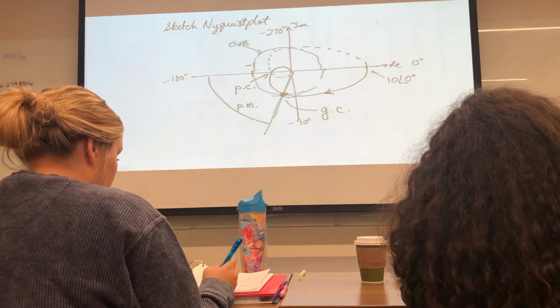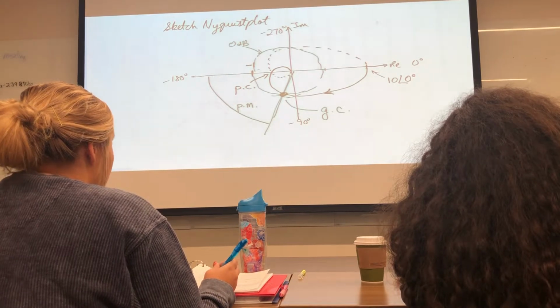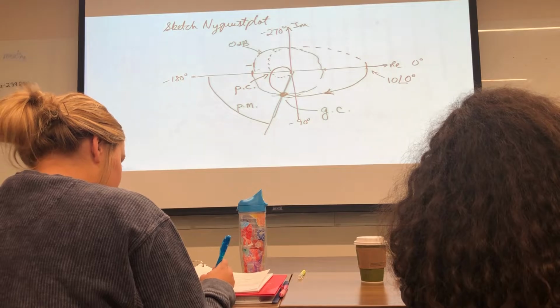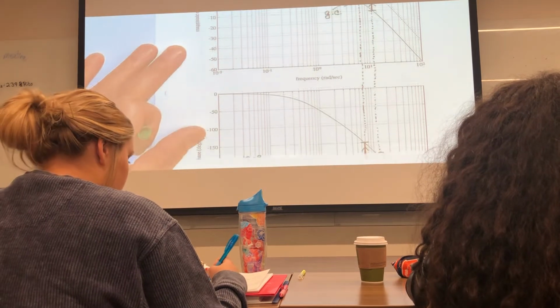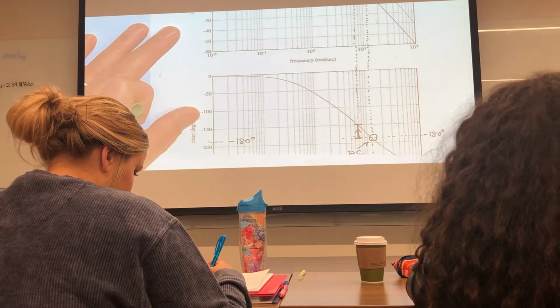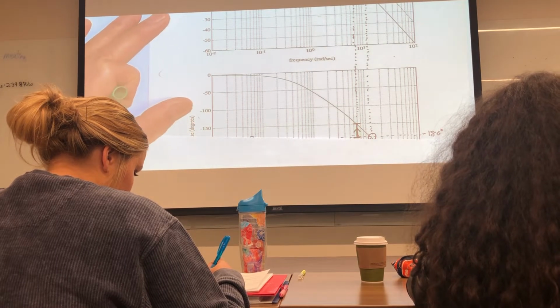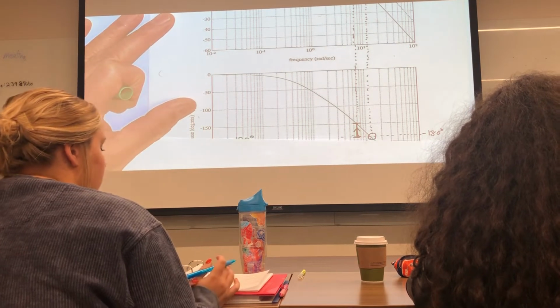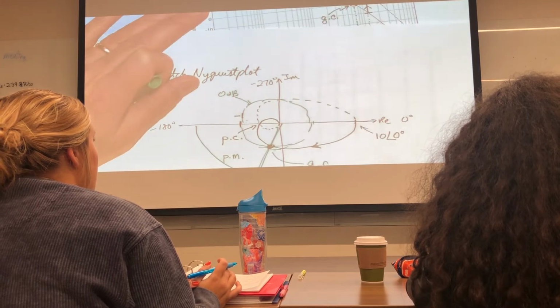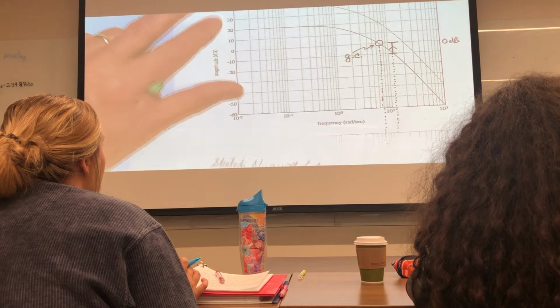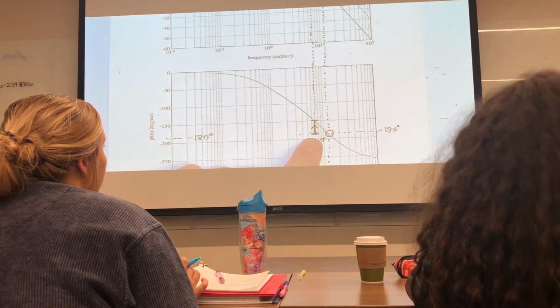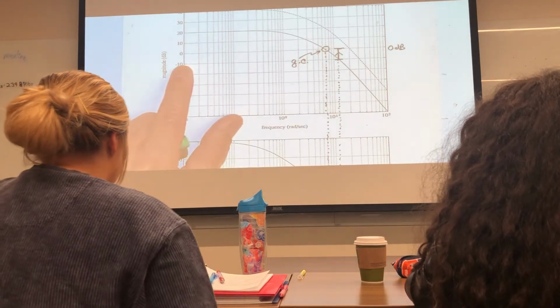Yes? Did you say negative 180 degrees the gain was positive and not... Did I say that the gain was negative 10? It should be, no, at 180 degrees, it's negative 10 dB.